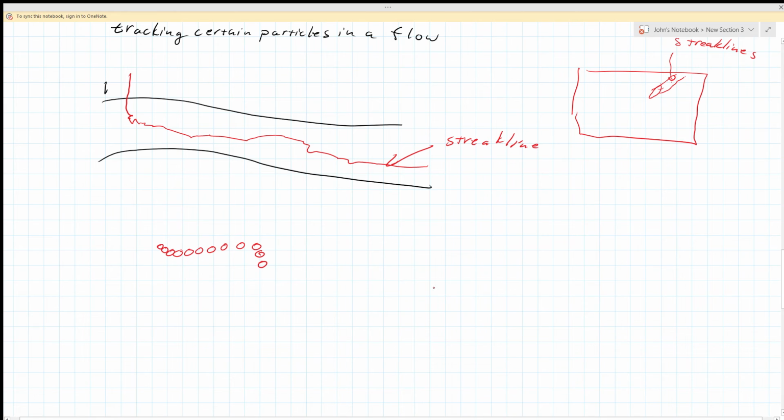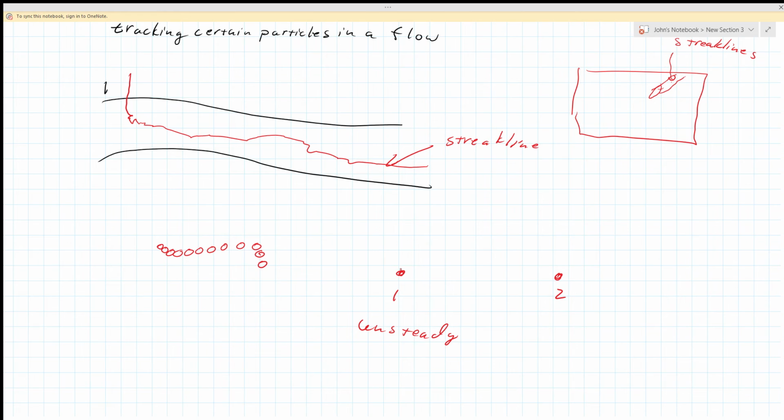Now, if your flow is unsteady, that means it is changing with time as well as space, which means, say, I have here point 1 and here point 2, and I let a second pass, and this is unsteady flow. Well, my velocity here at point 1 will not be the same as my velocity here at point 2, regardless of steady or unsteady, but now my velocity here at point 1 is not the same as the velocity at point 1 a couple seconds ago and a couple seconds from now.